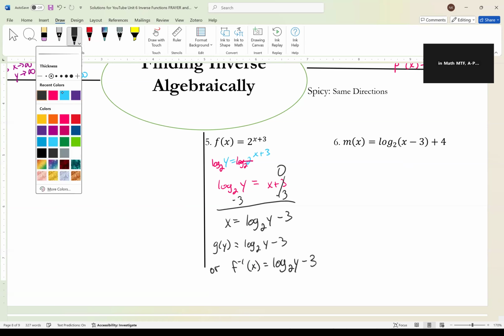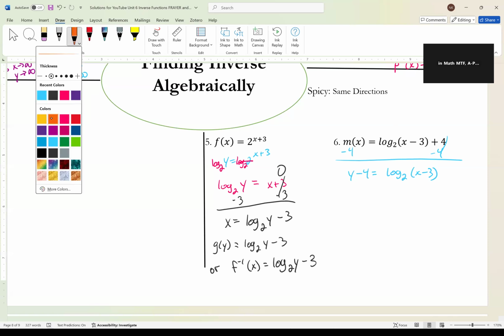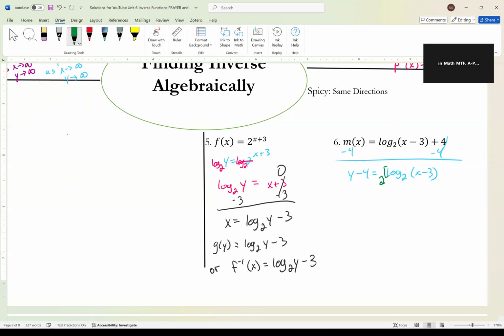In my second one over here, I would want to notice it's x minus 3, then it's the logarithm of that. And at the end of everything, it's plus 4. So minus 4, minus 4. We've worked on this a few times in class now. When you notice, hey, I have a logarithm, so I'm going to do an exponential. It needs to be a base 2 raised to that logarithm.